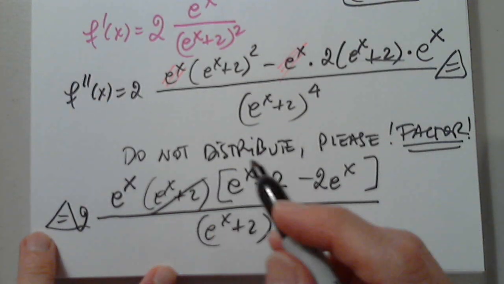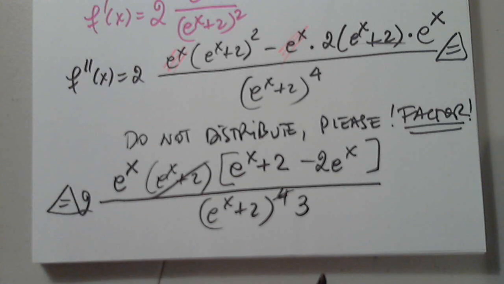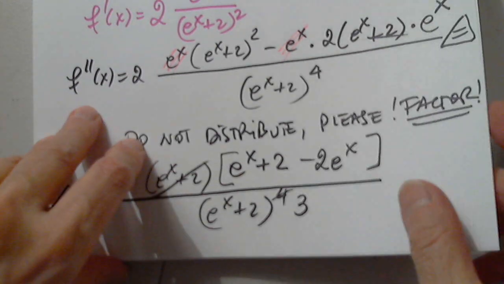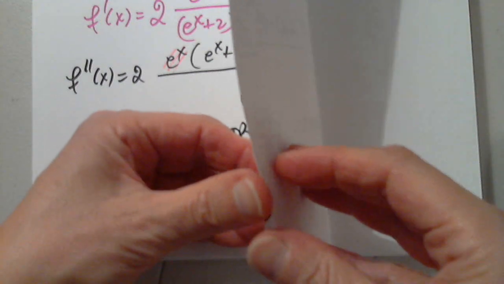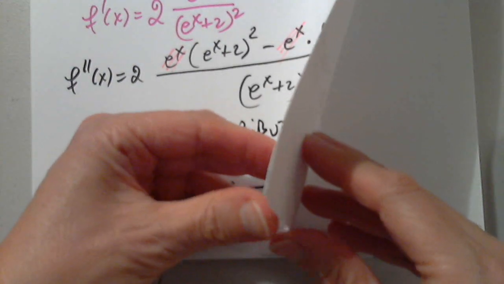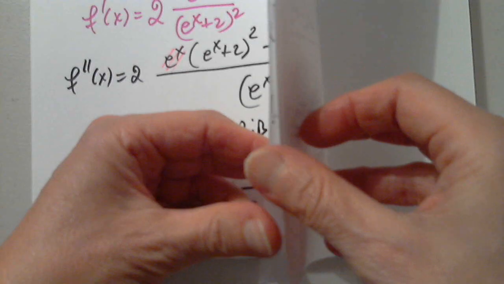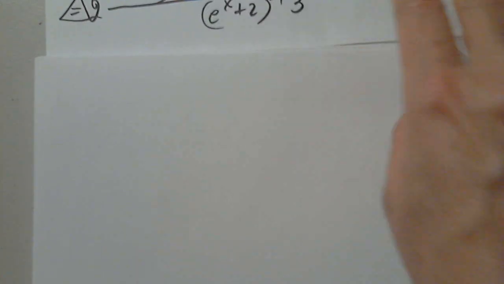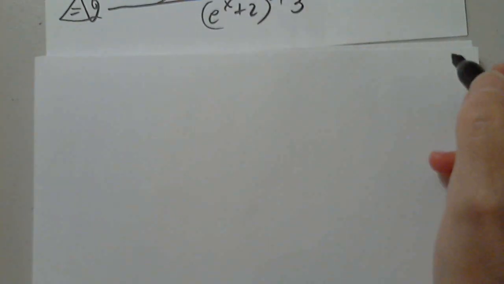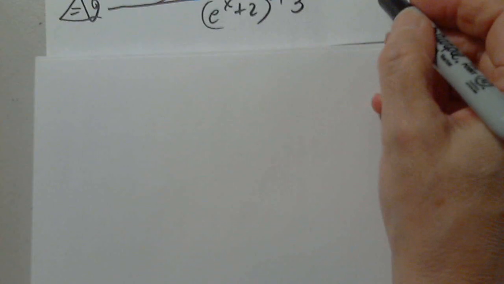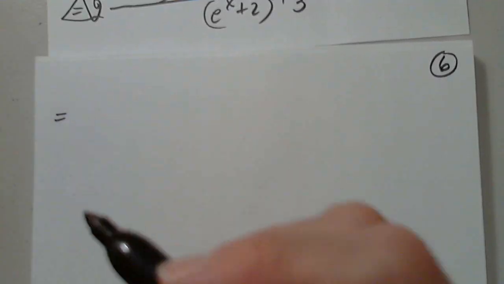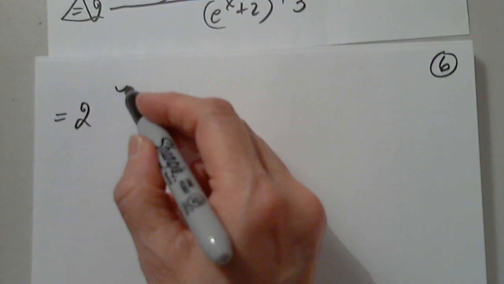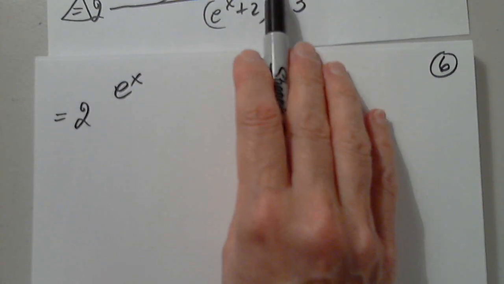I will, of course, simplify one of these. That's the only way I can do it. And continue. Good. So 2 is outside, e to the x still in there.